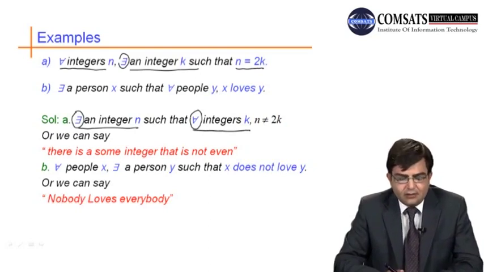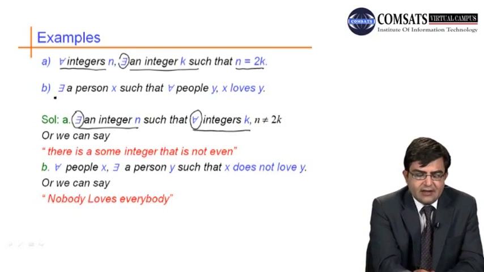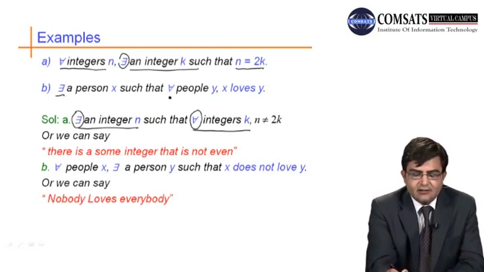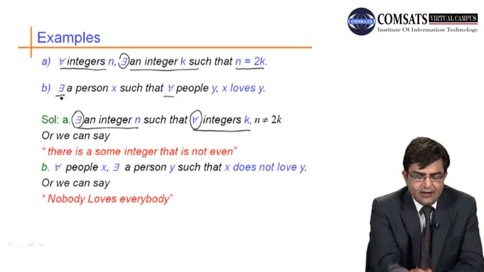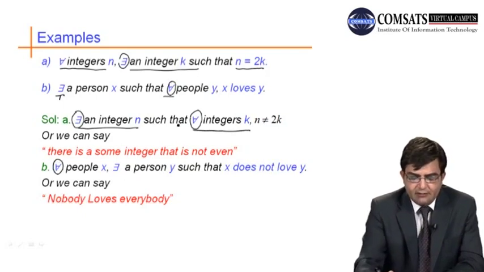So another example of this, in which we have used the existential quantifier first and then the universal quantifier. The existential quantifier here will be converted to the universal quantifier, and the universal quantifier will be converted to the existential quantifier.